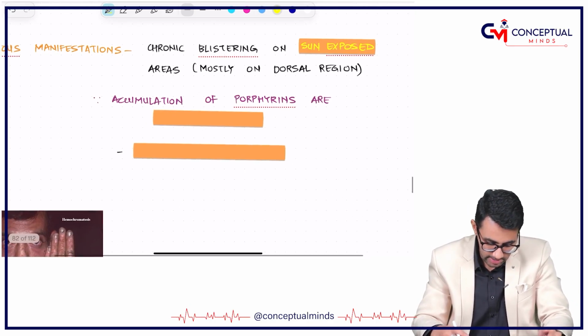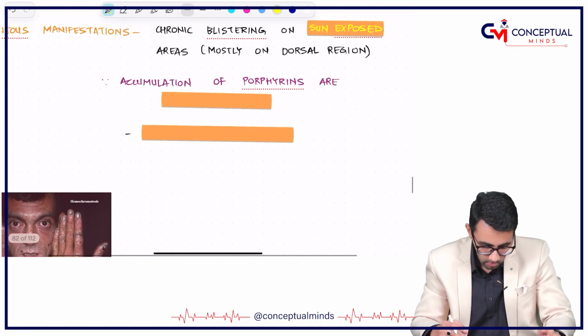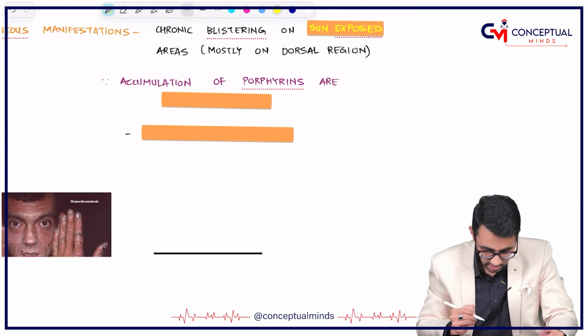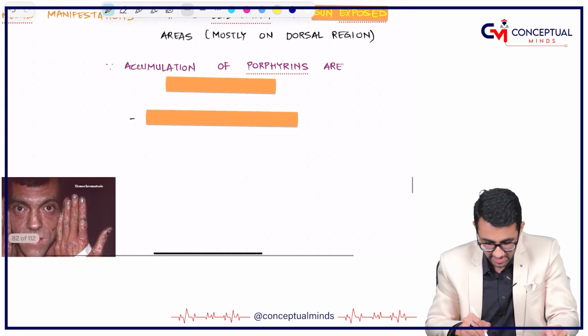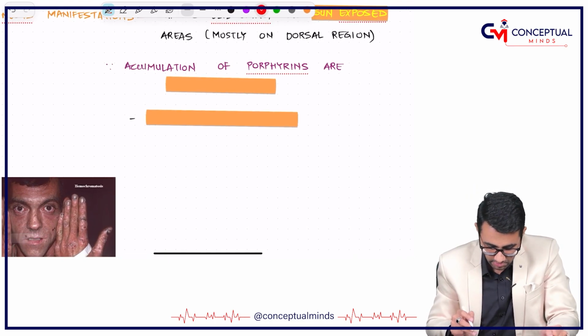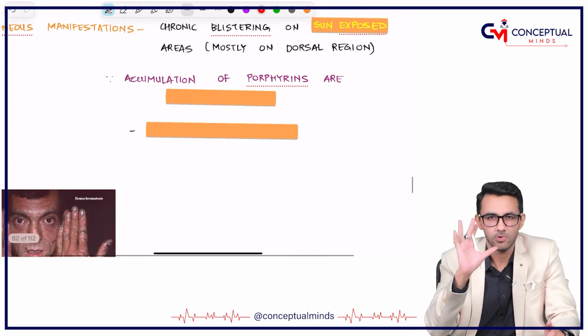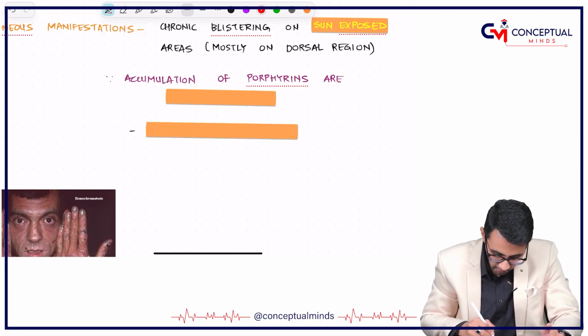Okay, and so what is happening is, therefore, accumulation of porphyrins. What was the word I used before? Yes, if you remember, I do use this word 2 times. Yes, because of the nature of these porphyrins, these are photosensitizing.